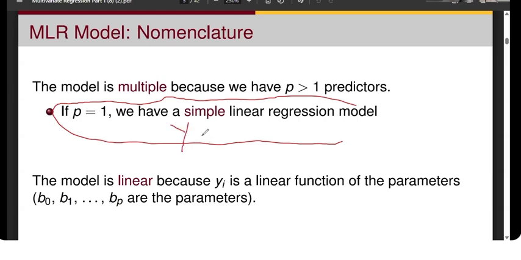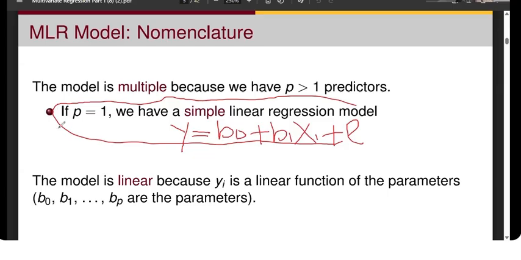The model is going to change to just beta naught plus beta 1 x plus the error, because I'm only having one predictor. If I have one predictor, I'm going to have just one slope. So take a look at that.